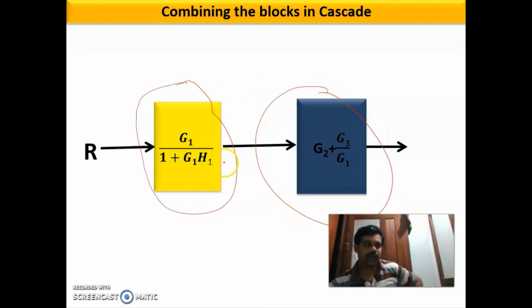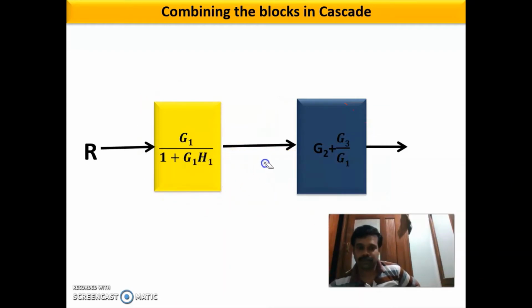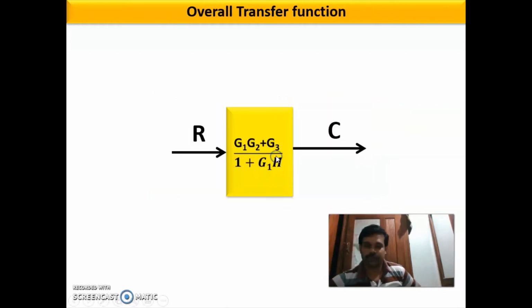We are replacing these blocks with one block. The transfer function of that block is nothing but the product of these two blocks. So this is the overall transfer function you are getting.